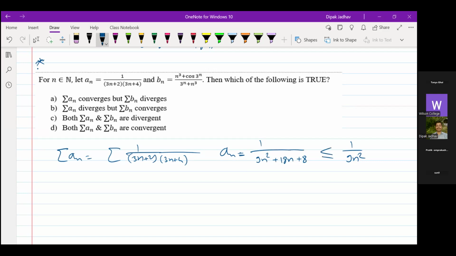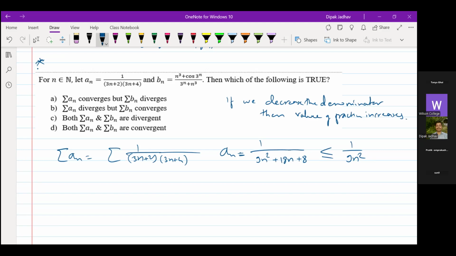How will you justify that? Because 9n square plus 18n plus 8 is greater than 9n square, so after taking reciprocal, very good. But the simple logic is, if we decrease the denominator, then the value of the fraction increases.